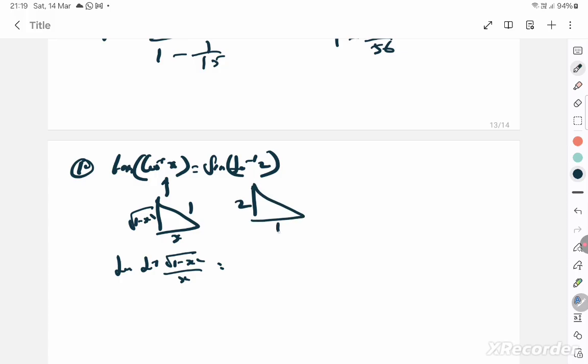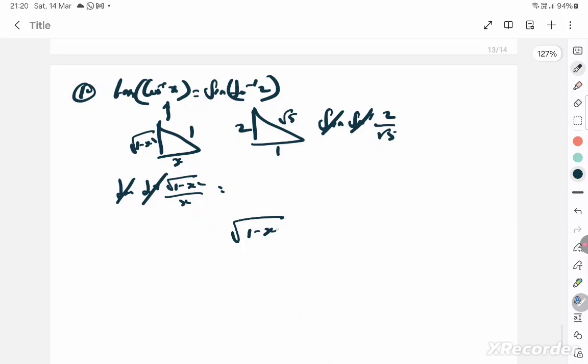Opposite 2, adjacent 1, so root of 4 plus 1 is root 5. Therefore I can write sine inverse of 2 by root 5. So sine and sine inverse, and tan inverse, get cancelled. So I get root of 1 minus x square by x is equal to 2 by root 5.